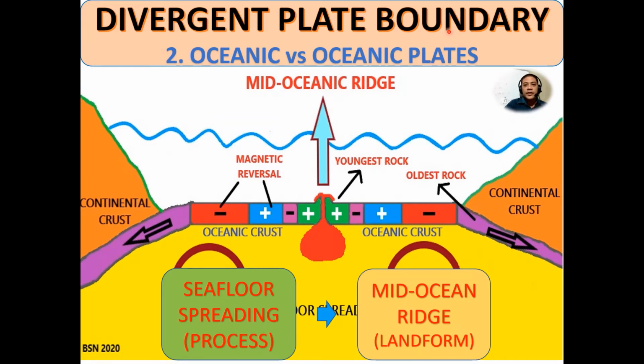Scientists have discovered that these oceanic crusts are magnetic and follow a pattern. As the young oceanic crust rock spreads away from the ridge, it cools, contracts, thickens, and becomes denser.